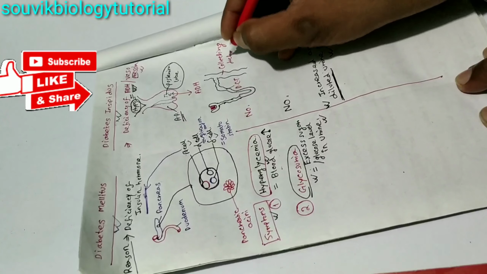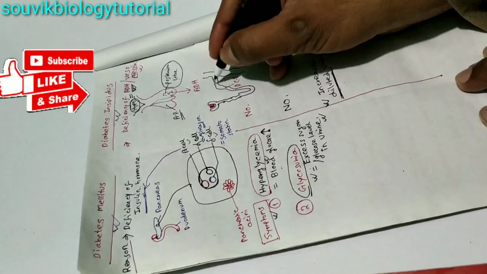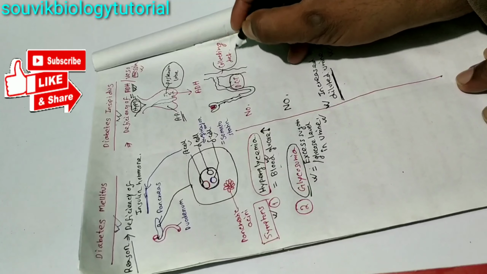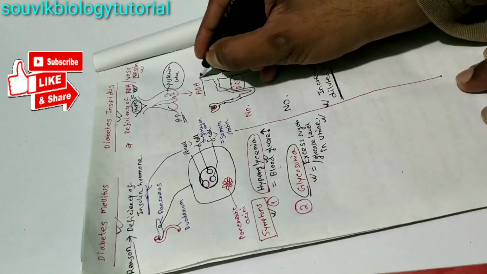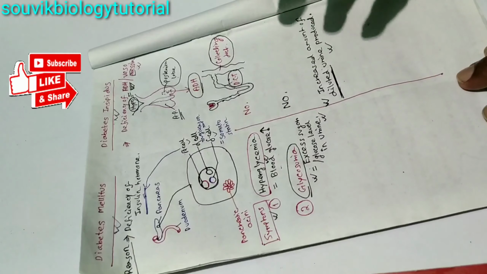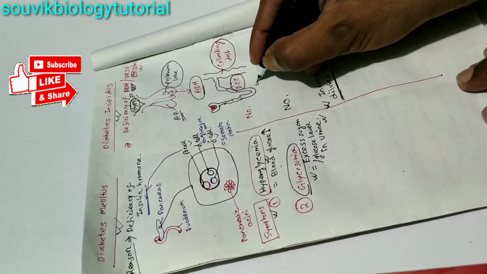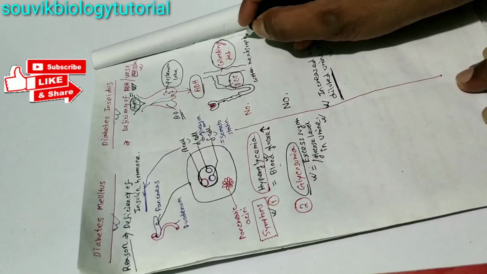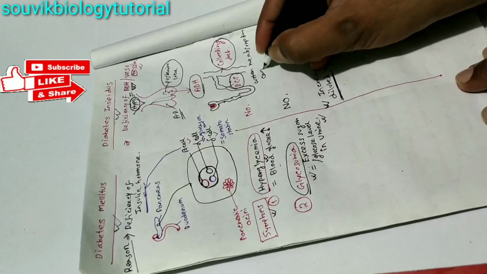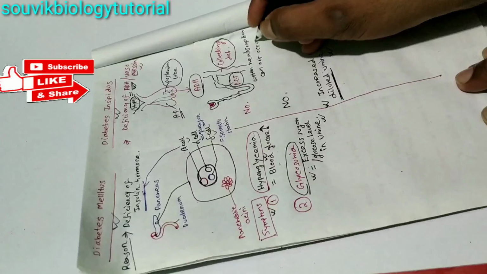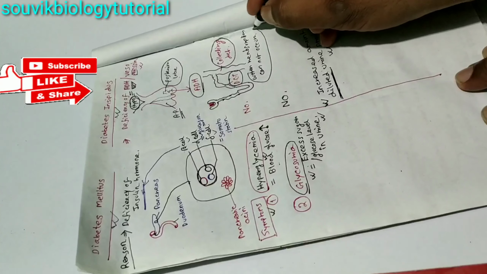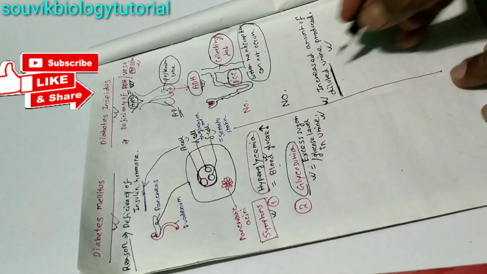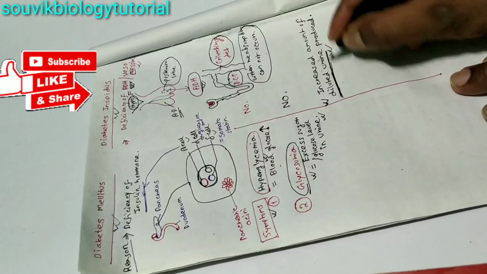Okay. This ADH helps to reabsorb water from the DCT and collecting duct. When deficiency of this ADH occurs, then what happens? Water reabsorption cannot occur. Okay, water reabsorption cannot occur due to deficiency of ADH. So the result is diluted urine. Okay.